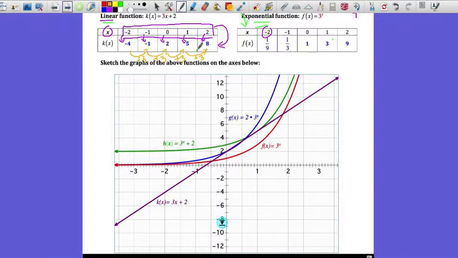And you can see therefore that the growth rate is constant, whereas when we go from 1/9 to 1/3, hopefully what you realize is we have multiplied by 3 in each case, and so multiplying by 3 in each case will cause the graph to grow much faster.